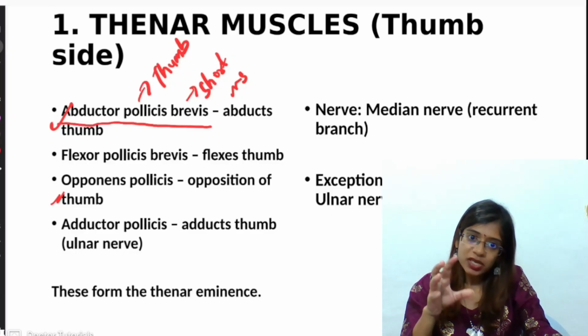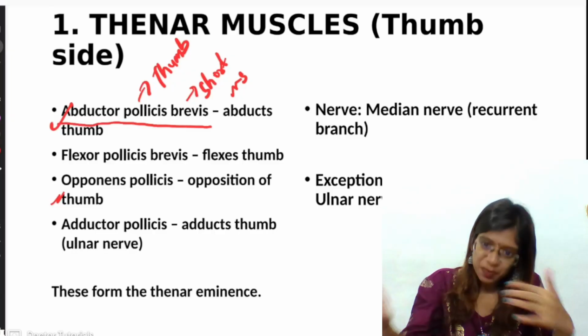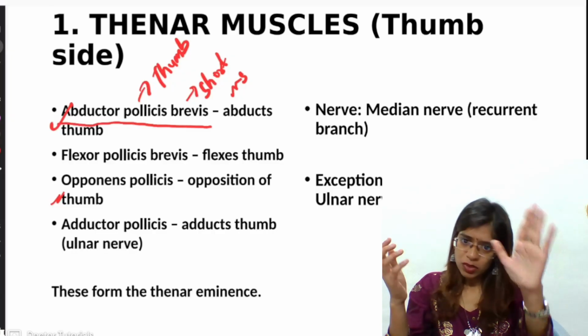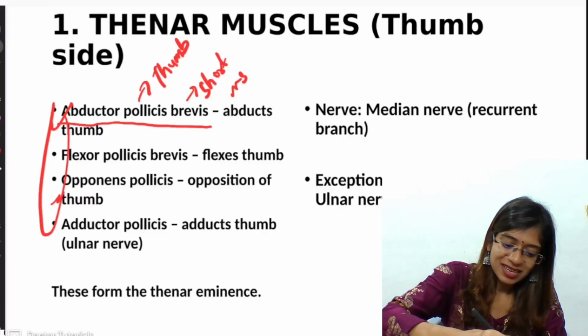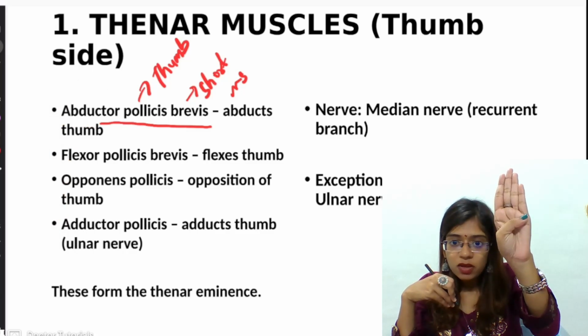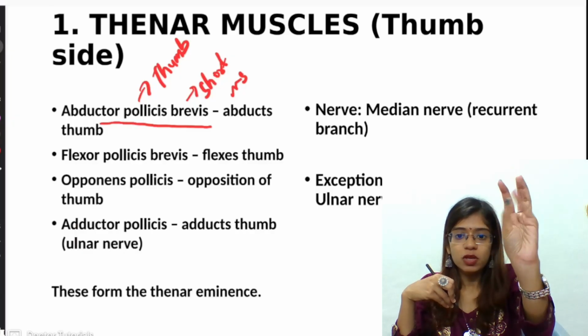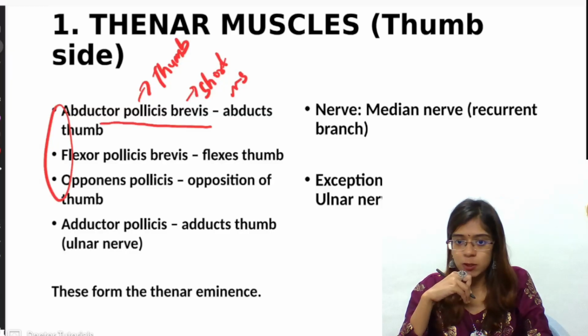Some books mention adductor pollicis under the thenar muscles, some books mention it as a separate muscle of the thumb which helps in adduction. So these three muscles, abductor pollicis brevis, flexor pollicis brevis and opponens pollicis, are the main thenar muscles.